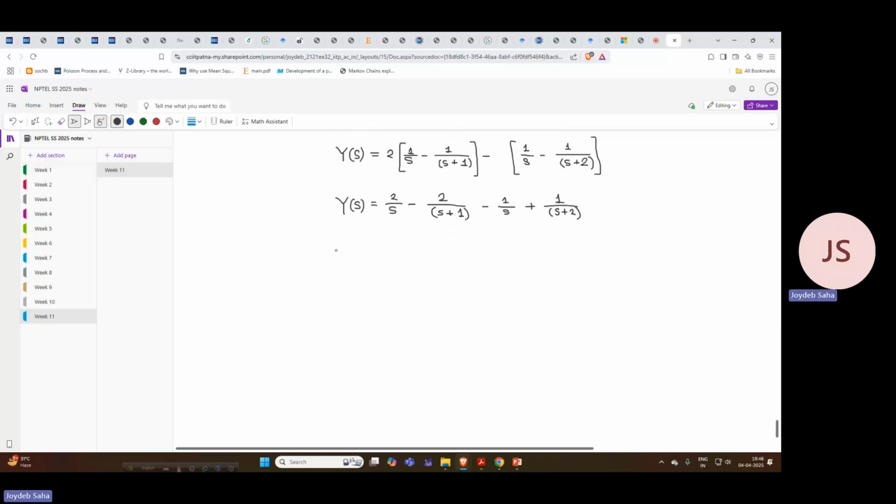Or Y upon s is equal to 1 upon s minus 2 upon s plus 1 plus 1 upon s plus 2.